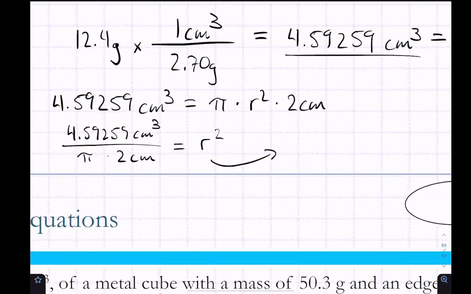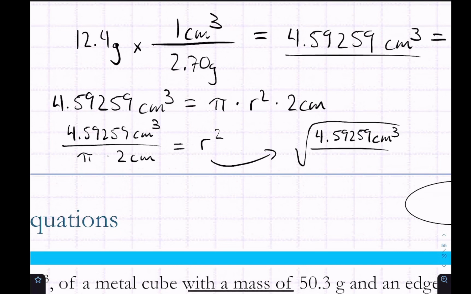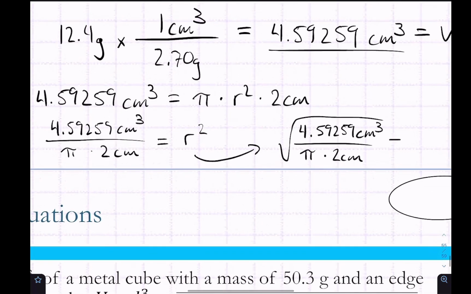And then because I'm very bad at keeping track of how much space I have, go over this way, and it'll be 4.59259 centimeters cubed divided by pi times 2 centimeters, and that's all the square root of that to get r. You could also take the original expression, rearrange it for r before you plug in any numbers. It's usually cleaner.